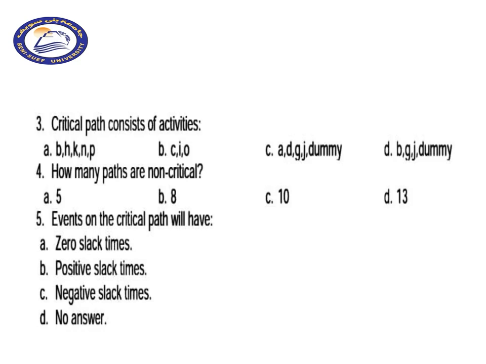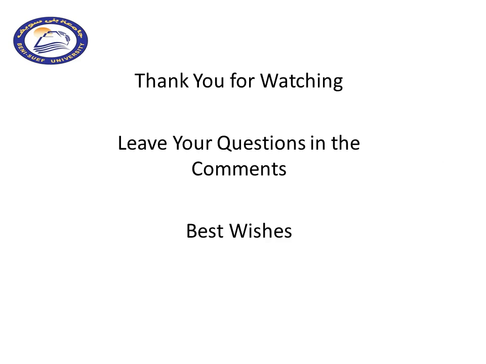And this leads us to question 5, events on the critical path will have 0 slack times, positive slack times, negative slack times, or no answer. We shall know that events on the critical path will have 0 slack times, and this will be the subject of our next section, inshallah.